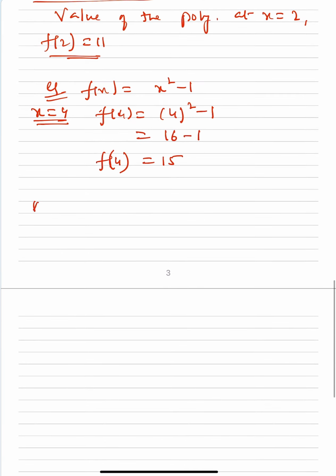Now next topic I would like to take is the zeros of a polynomial. So what is zero of a polynomial?